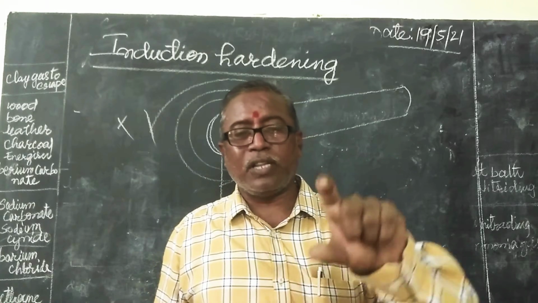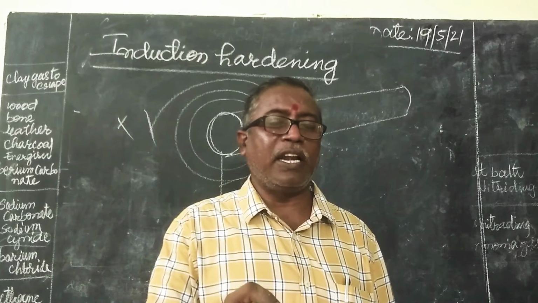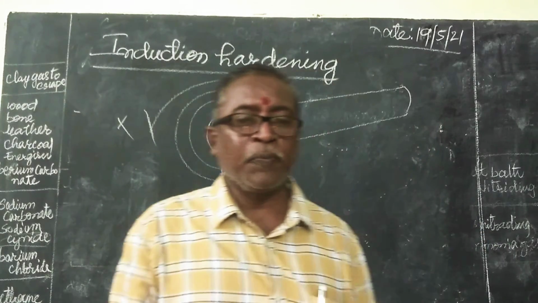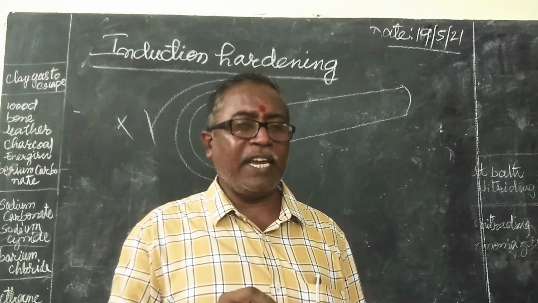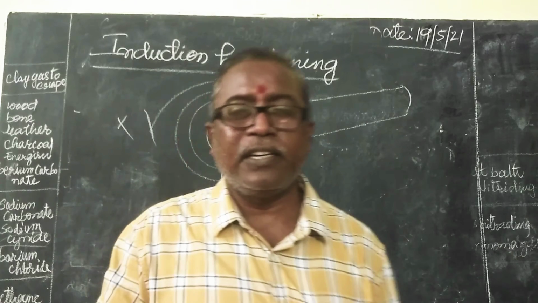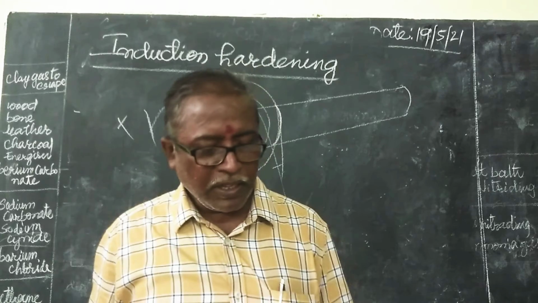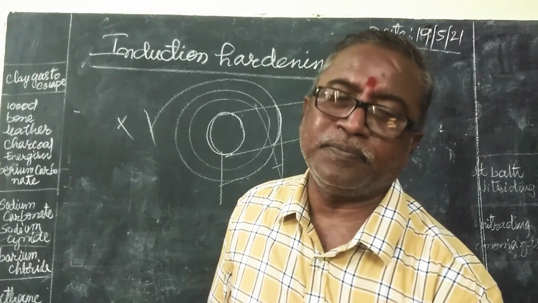That place can be made hard by induction hardening, where the coil is used. So that I already kept there. One more thing I wanted to explain: there is flame hardening, which is like this only.